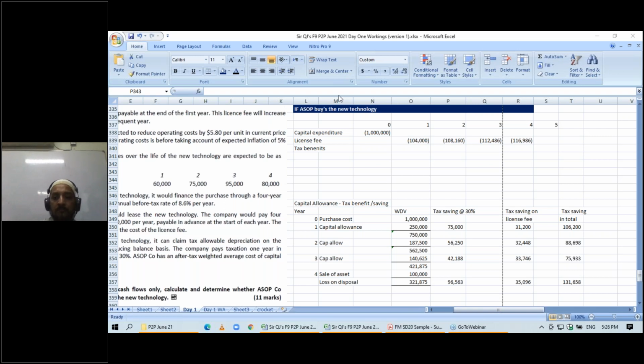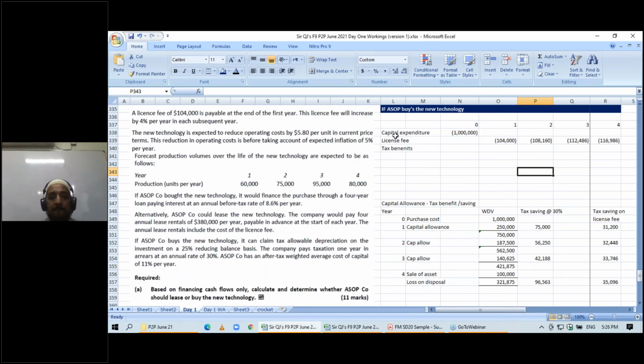If you note in the question, let me highlight that in blue, the company pays taxation 1 year in arrears at an annual rate of 30%. What do we mean? This means that if the profit is earned in the first year, the taxable income arises in year 1, but the tax will be paid in arrears, meaning in the second year the tax will be paid, right?